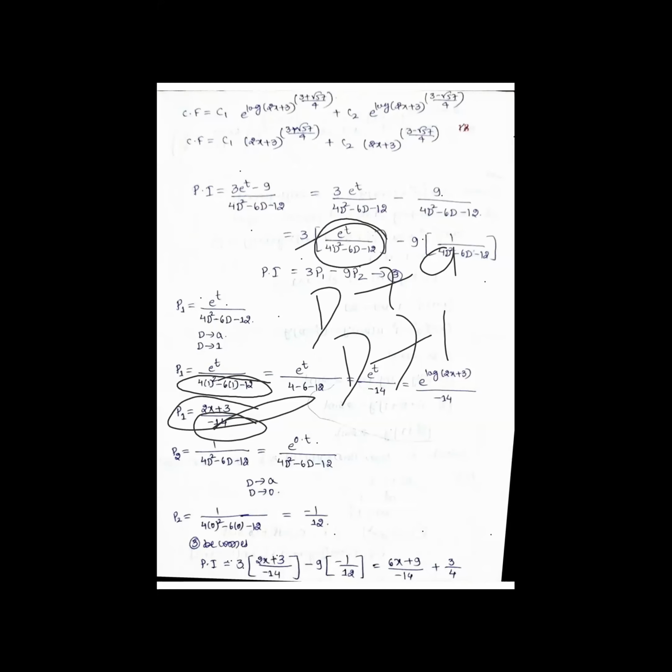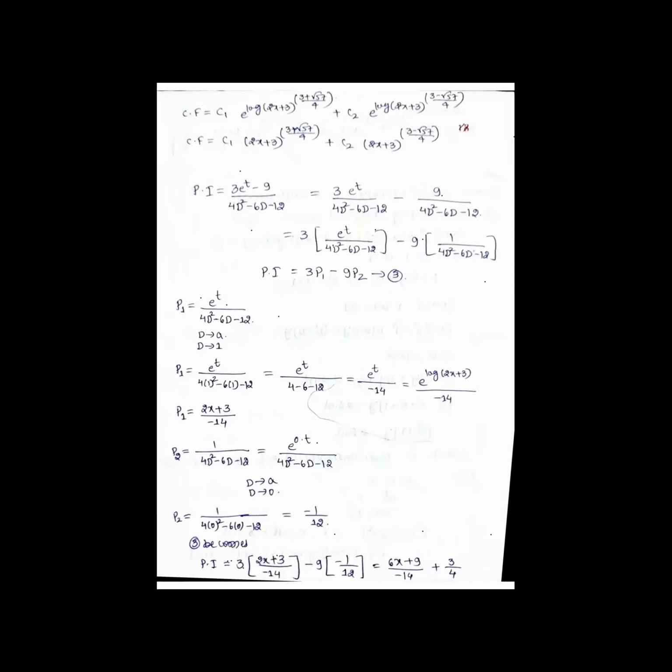This I have calculated. Next, coming to P2, that is 1 divided by 4D square minus 6D minus 12. I write this 1 as e raised to 0 into t. D is replaced by 0, since the coefficient of t is 0. So this is 0, this is 0, minus 12.